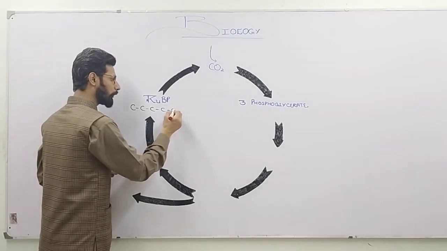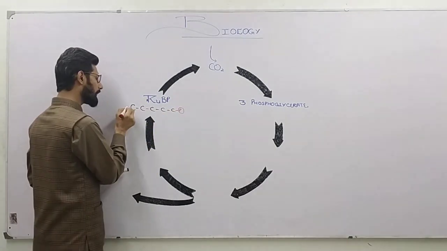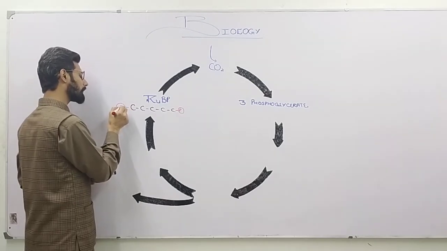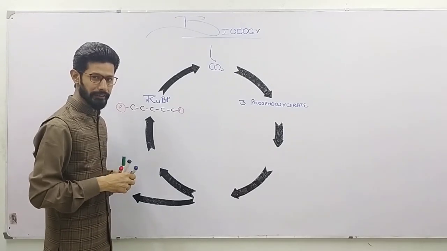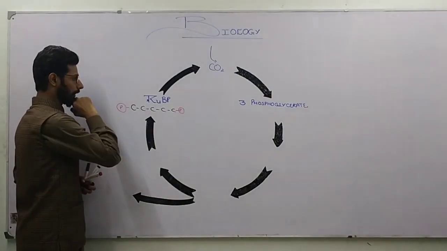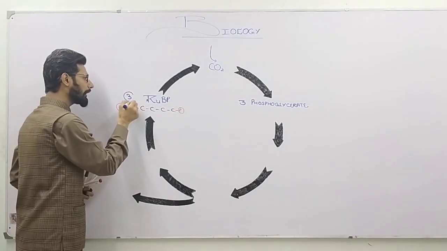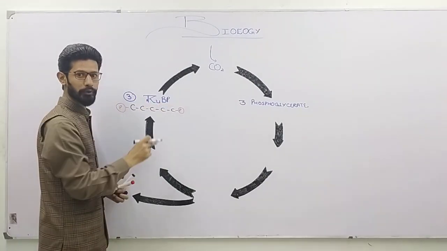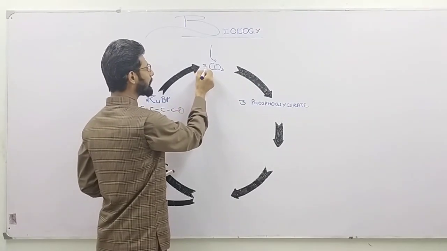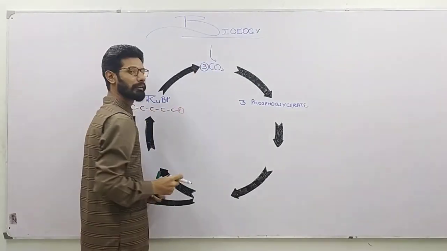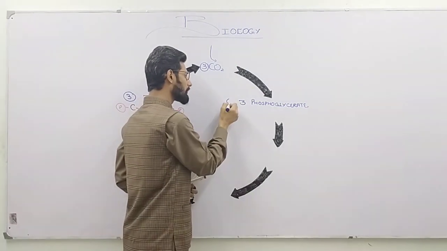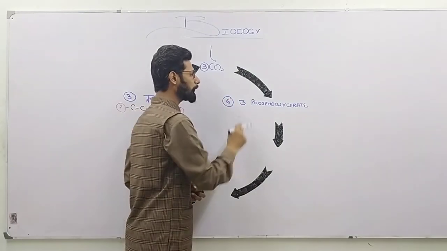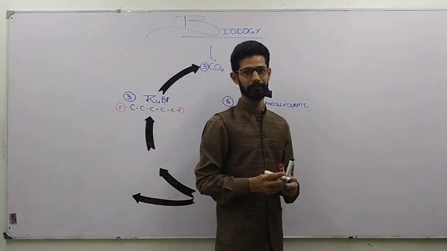The phosphorus is attached on the terminal carbons of ribulose bisphosphate. What happens here? Actually, 3 molecules of ribulose bisphosphate react with 3 molecules of atmospheric carbon dioxide and form 6 molecules of 3-phosphoglycerate.